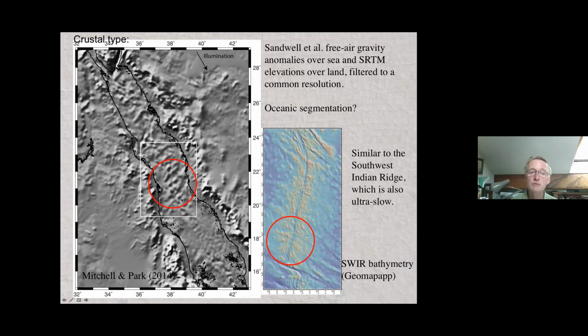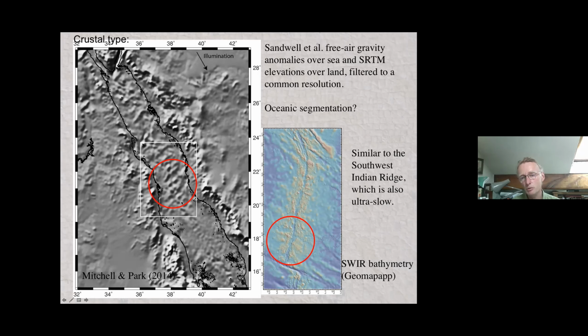But we also have a lot of GPS measurements, and I forget the guy's name, but they found that the modern day movements are almost the same as the ones you get from the magnetic anomalies from Chron 2A, which is about 3 million years. So it looks like from 3 million years to today, it's been going at the same rate.